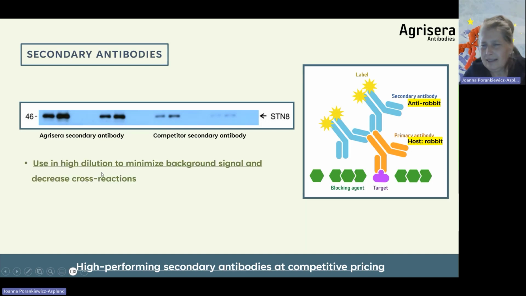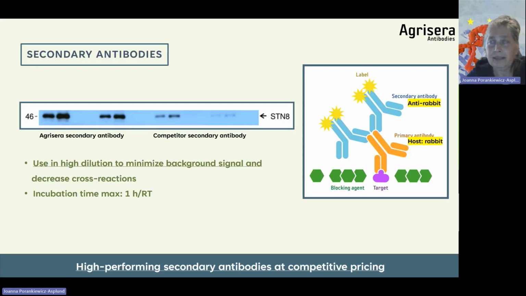So why is it important to even bother about which secondary antibody you are using? The higher dilution you can apply of the secondary antibody, the more you minimize the background signal. And for incubation time, please never exceed 1 hour at room temperature.